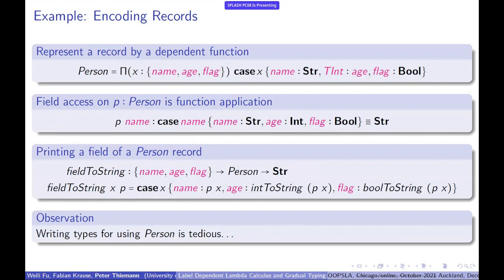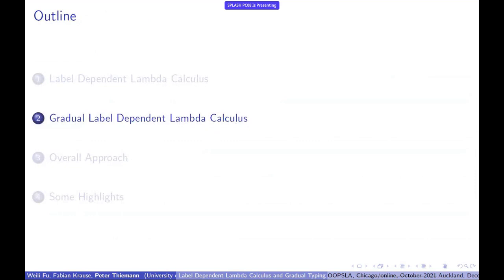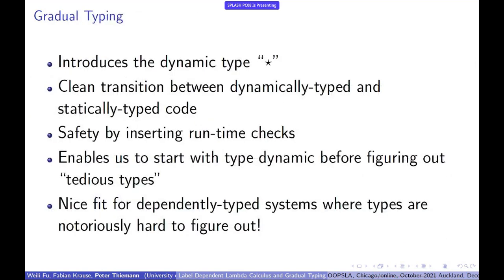And that's one place where you might want to use gradual typing. So that's one aspect of gradual typing. Very roughly, you extend the system by a dynamic type, and the idea then is that the dynamic type is sort of compatible with pretty much any other type.